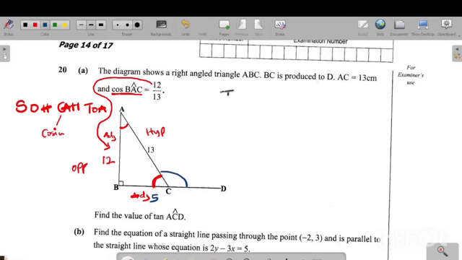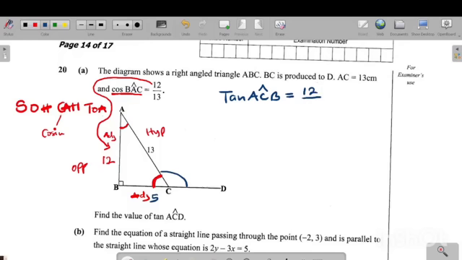So tan ACB is equal to, according to SOHCAHTOA, opposite over adjacent. Referring to this angle, the side opposite to this angle is this one, where there is 12. So we're going to have 12 over adjacent.